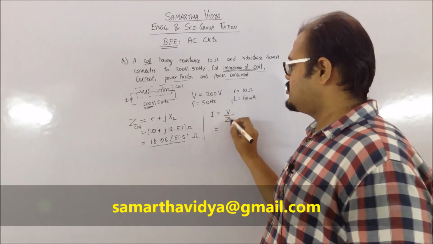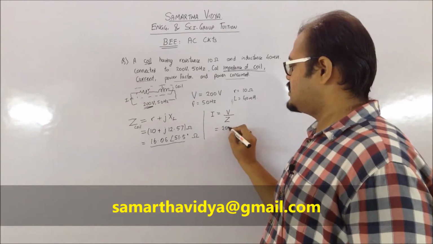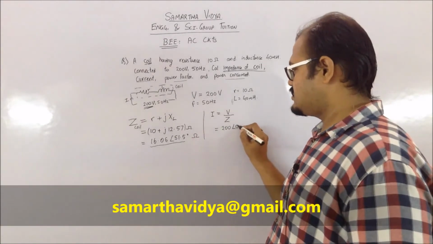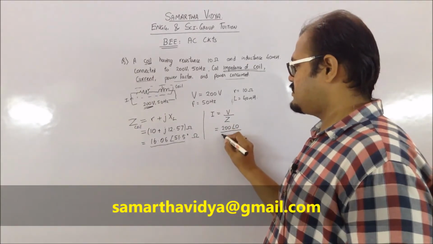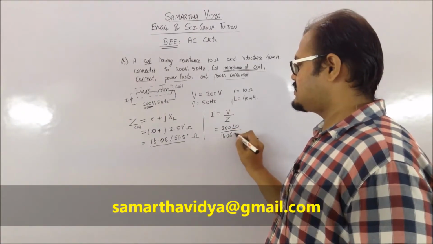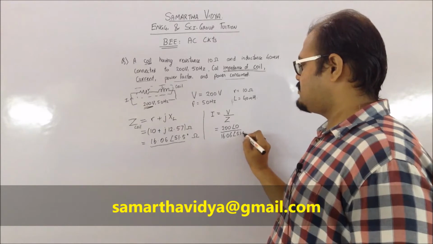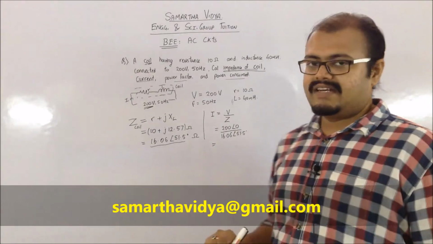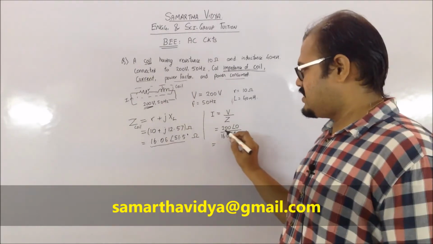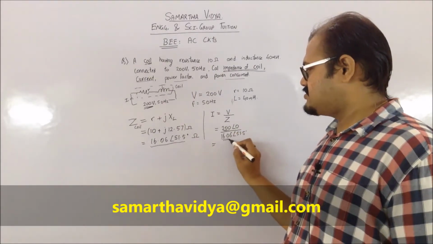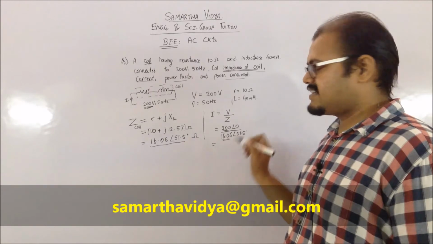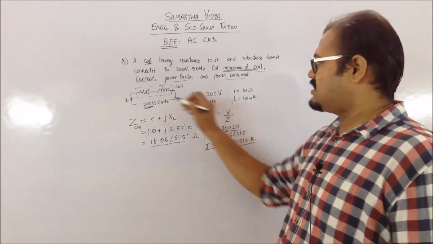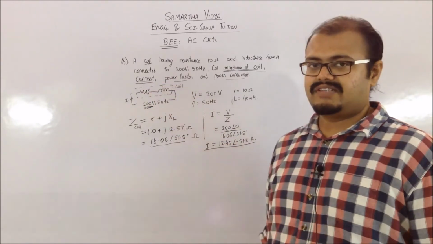So you will have your voltage, which is 200, with angle 0, divided by the Z value, which is 16.06 angle 51.5 degrees. When you're calculating this, you just divide the two magnitudes, and this will be just subtraction of the angles. So the I is given in this format, and you have calculated the current which is flowing through it.